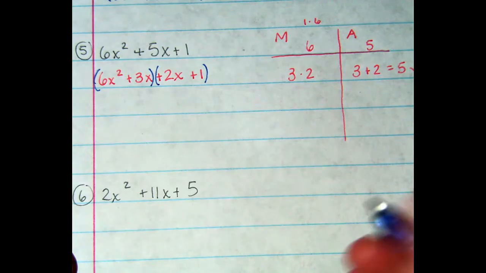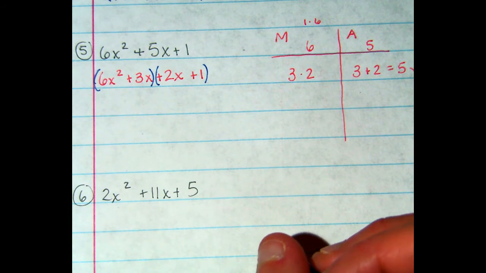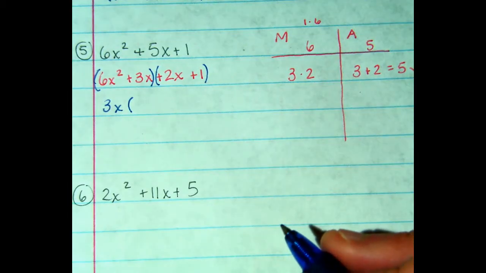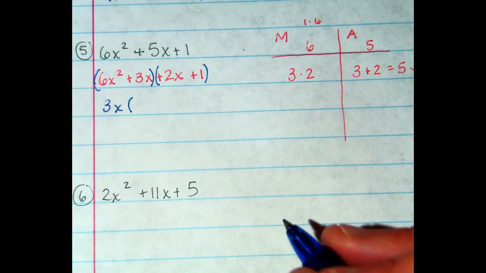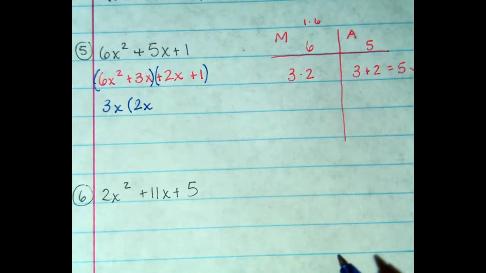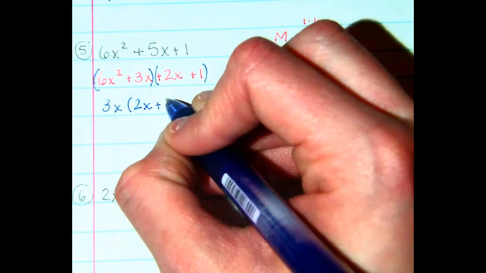Okay, then what? What's the greatest common factor of 3x squared and 3x? No, not 3x. 3x. You might have said that and I heard it wrong. 3x plus 1.